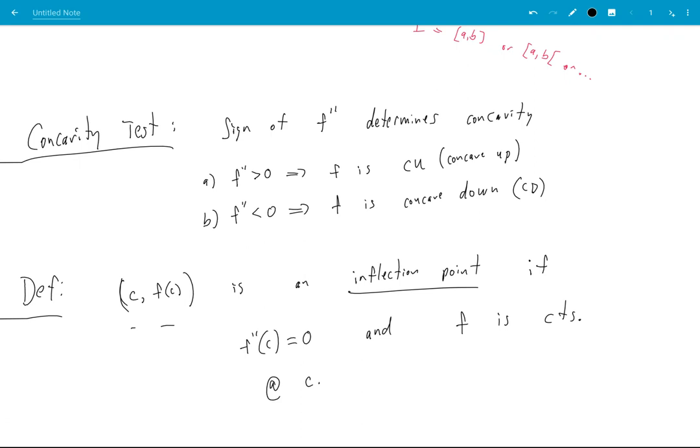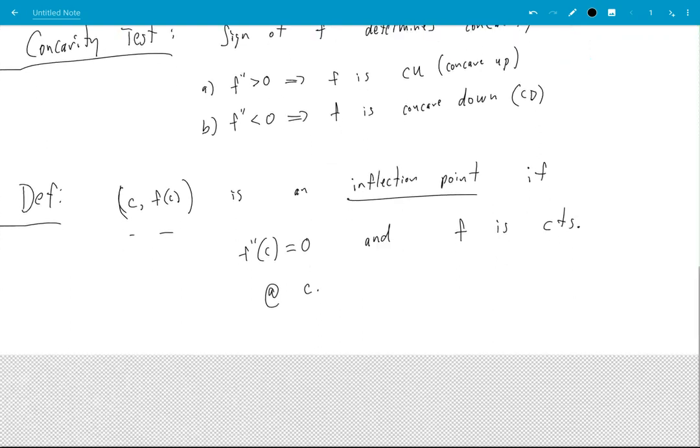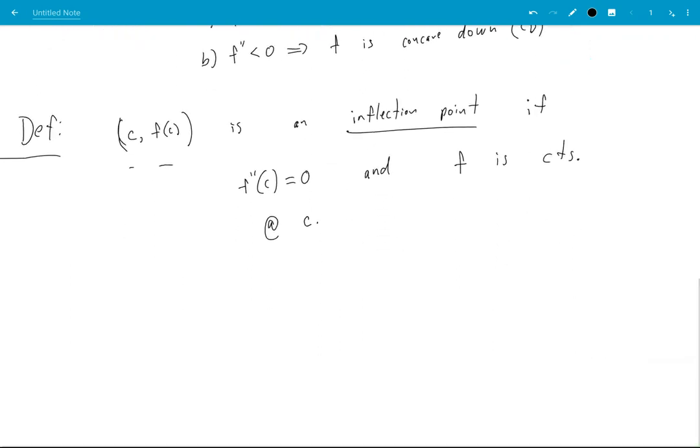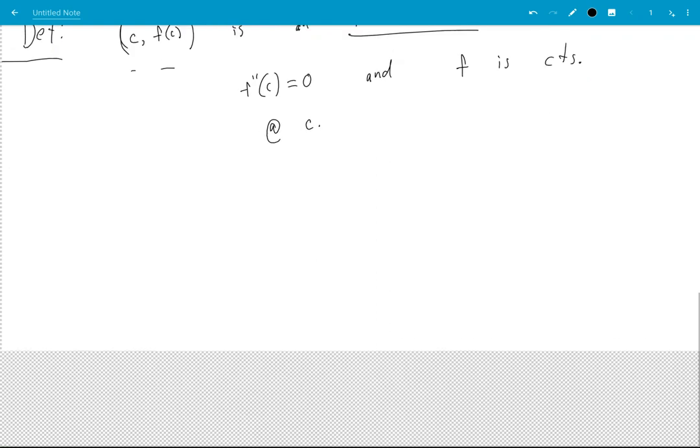Okay, so f being continuous at c rules out some strange situations like vertical asymptotes. Anyways, we'll get to that. Well, let's do an example.